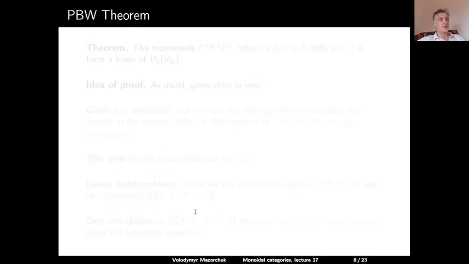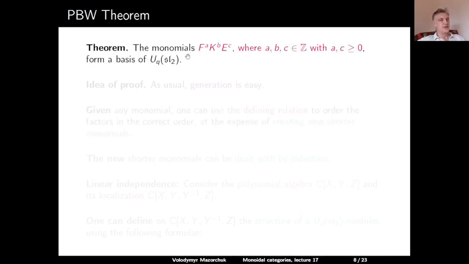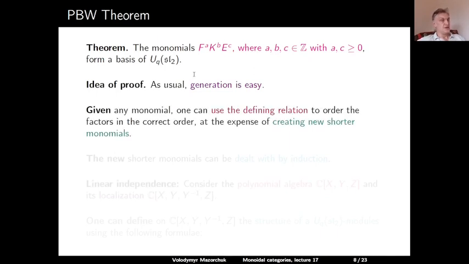So we start with the Poincare-Birkhoff-Witt theorem for this quantum algebra. So the claim is that the monomials of the form F to the power a, K to the power b, E to the power c, where a, b, and c are integers and a and c are non-negative integers, these monomials form a basis of our quantum algebra. The idea of the proof: as usual, the generation is easy, so given a monomial, we can use the defining relations in order to change the order of the factors in the monomial.